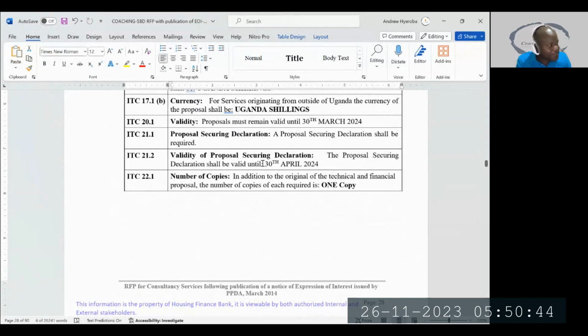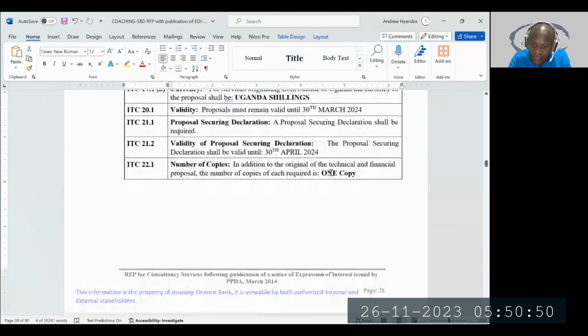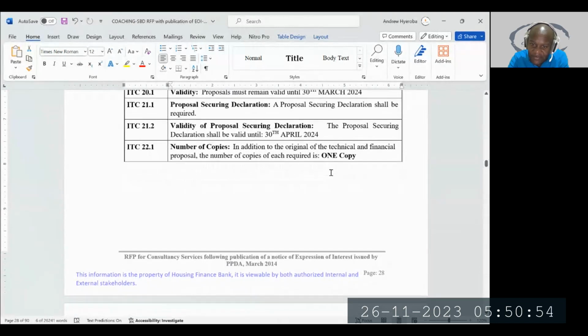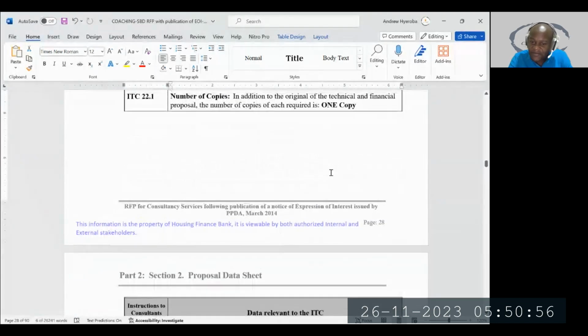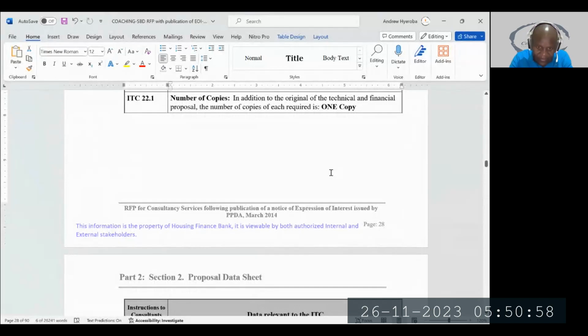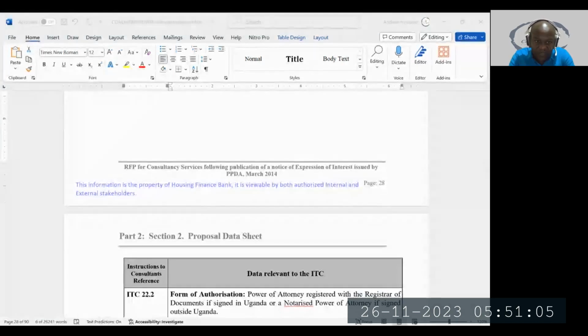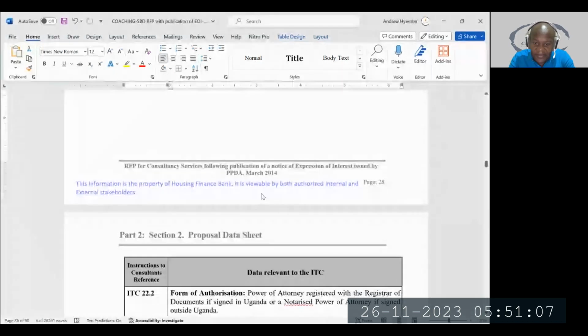So you can see what they're telling us. All these are critical requirements for the bid. And then in addition to the technical and financial proposal, the number of copies of each required is one copy. We are very fortunate this institution wants only one copy, otherwise most other institutions require two copies, three actually.